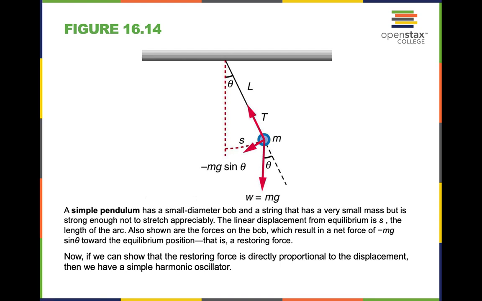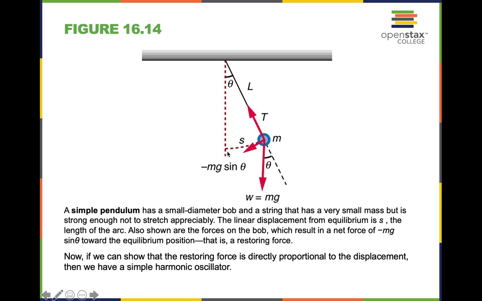Also shown are the forces on the bob, which result in a net force of negative mg sine theta toward the equilibrium position. We have tension up here, mg going straight downwards, and you also have this theta. We can break those up into your x and y components.